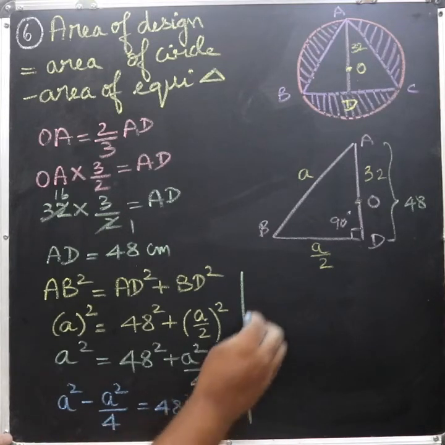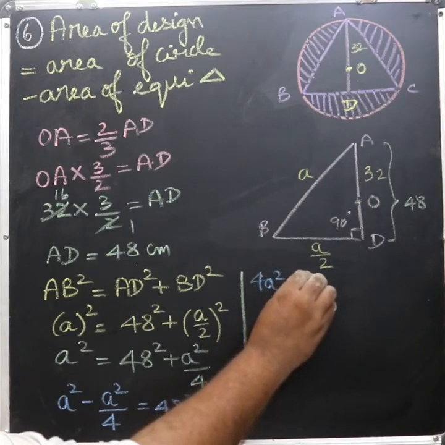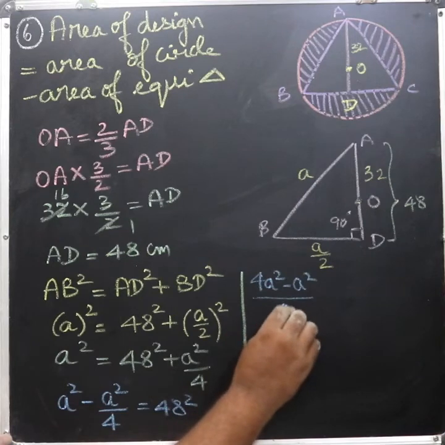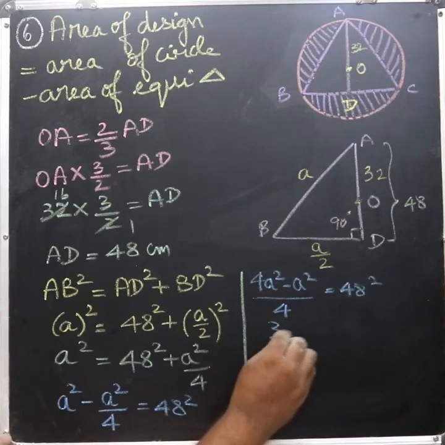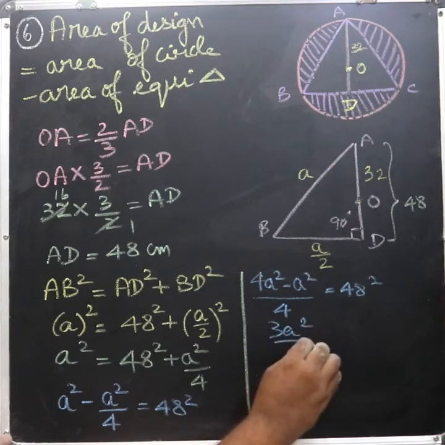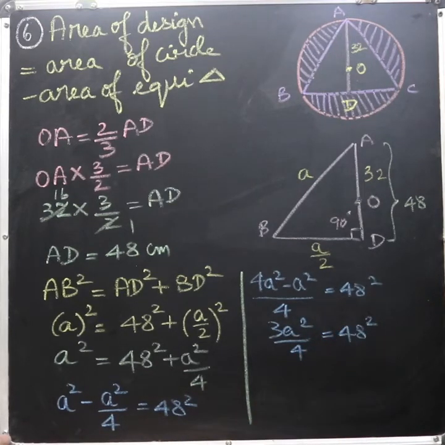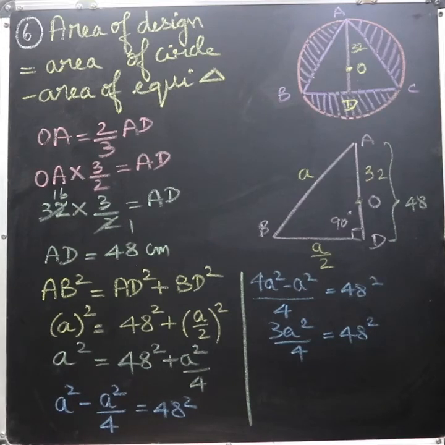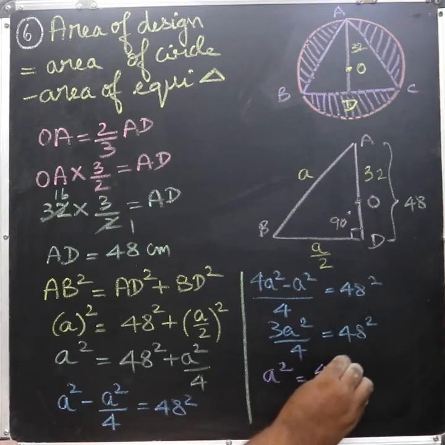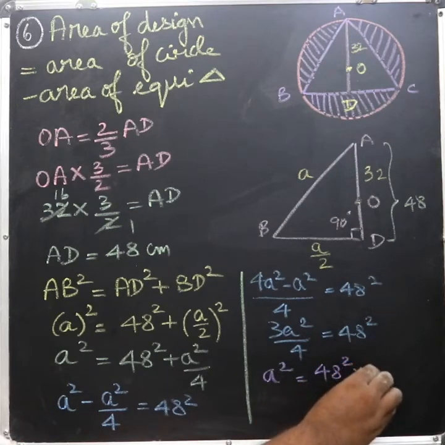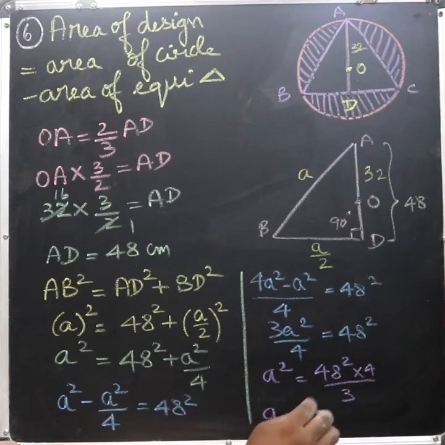Now when you take LCM, you are going to have 4A squared minus A squared divided by 4 equal to 48 square. So we will have 3A squared divided by 4 equal to 48 square. Now A squared will be equal to 48 squared into 4 divided by 3. So your A is going to be the square root of this.